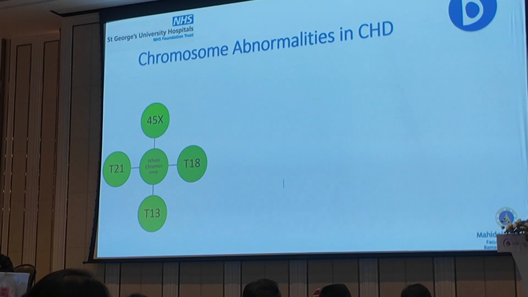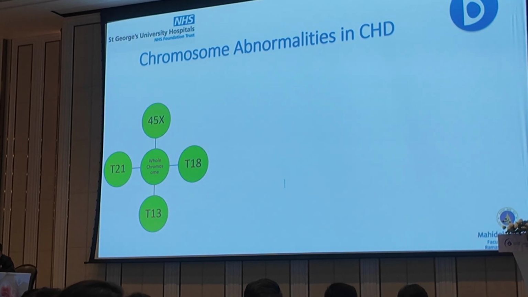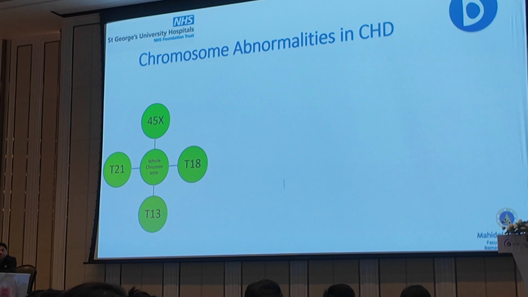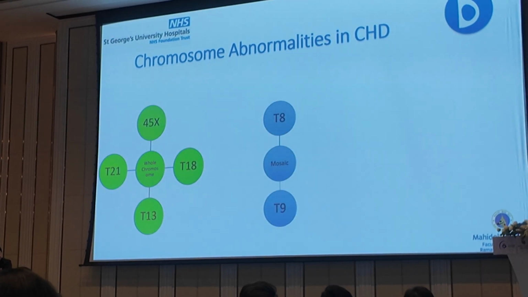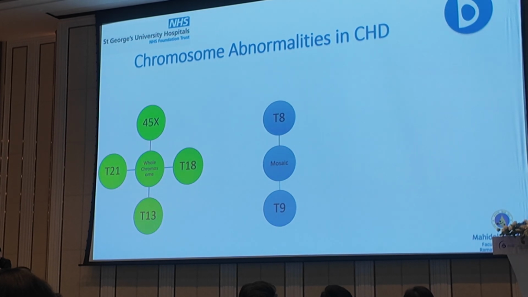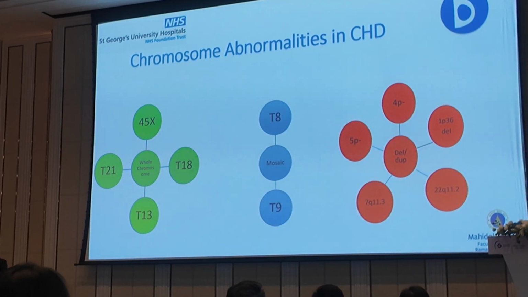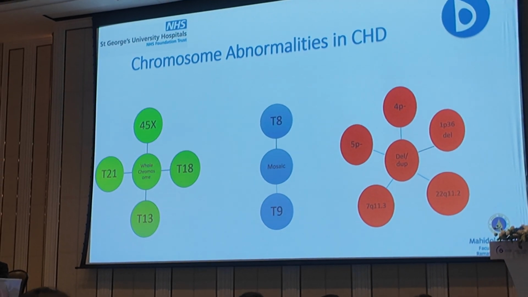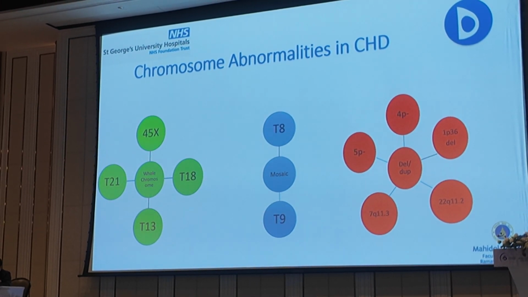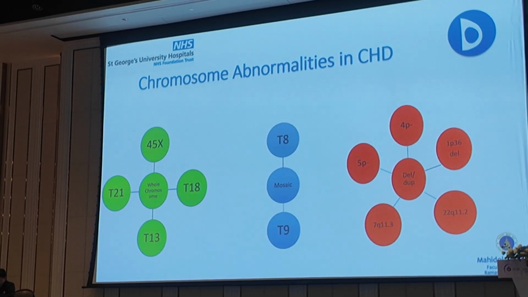invasive testing. So, when we're looking at chromosome abnormalities, we've obviously got the major trisomies and monosomy X or Turner syndrome. We've got mosaic abnormalities, chromosome abnormalities such as trisomy 8 and trisomy 9. And then we've got the small deletions, including 22q. We've got Wolf-Hirschhorn syndrome. We've got Cri-du-Chat, and then the other ones, there's Williams syndrome.